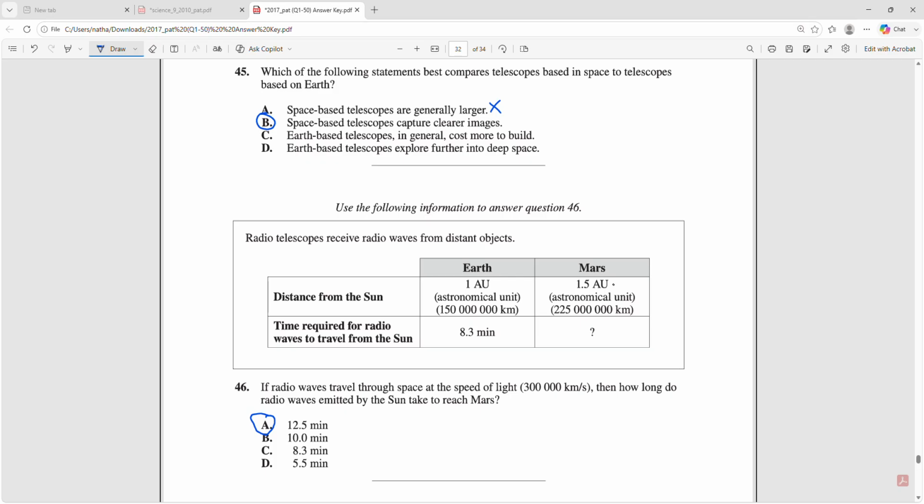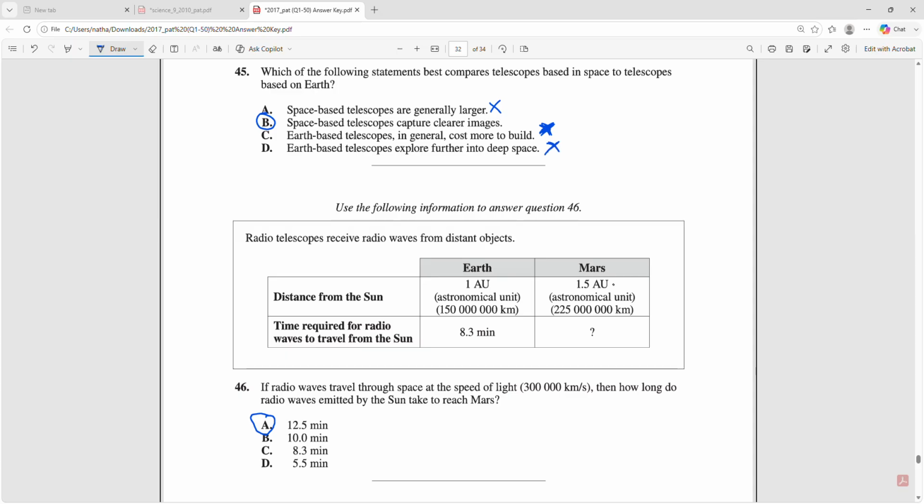C, Earth-based telescopes in general cost more to build. That's not correct because, again, it's the whole idea of getting things out into space, which is a great effort and therefore costs a lot of extra money. And Earth-based telescopes explore further into deep space. Again, incorrect.